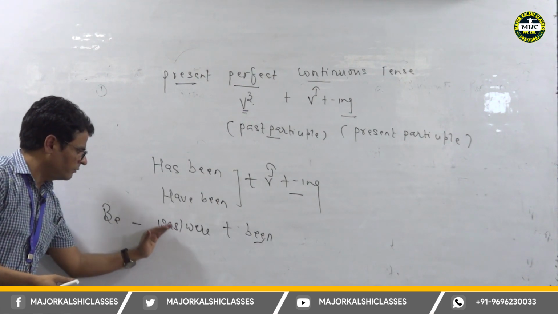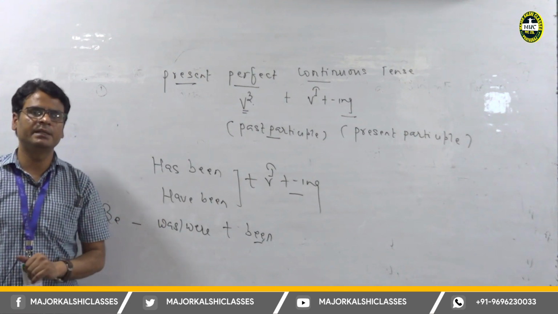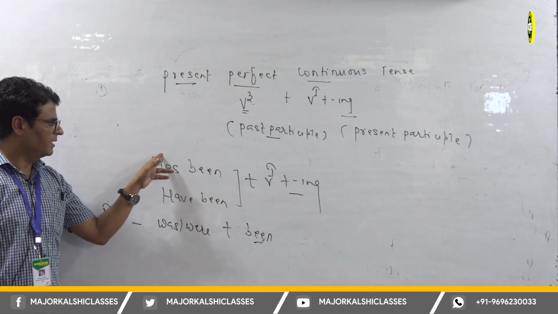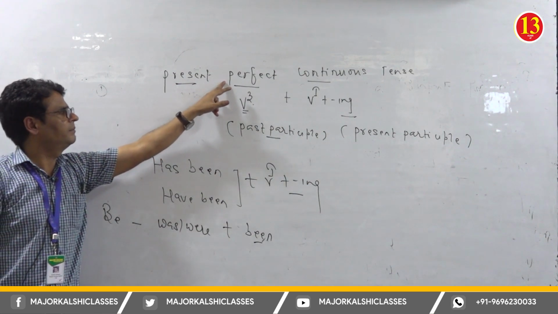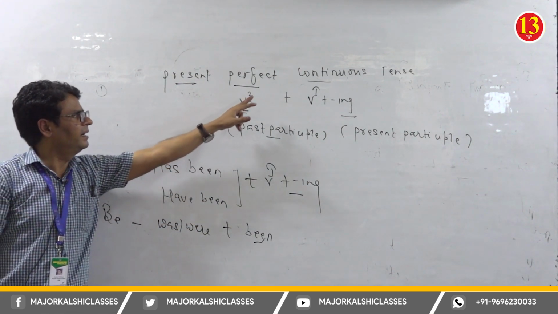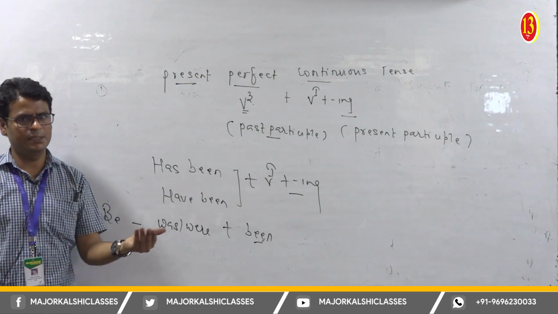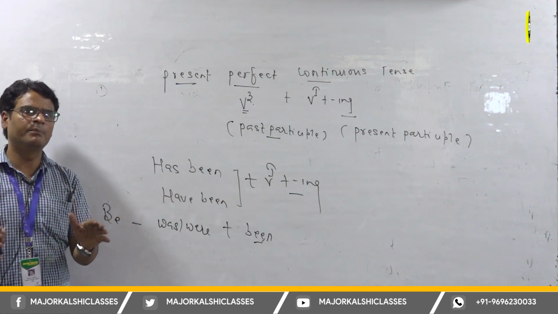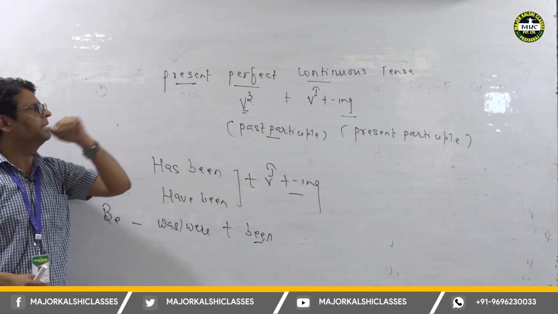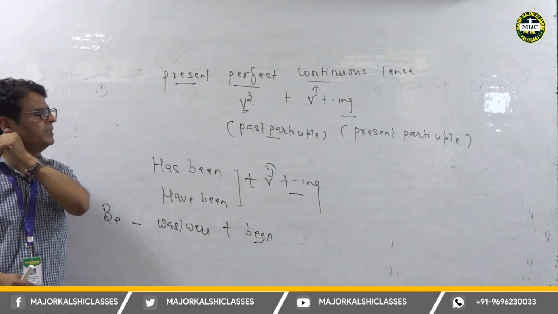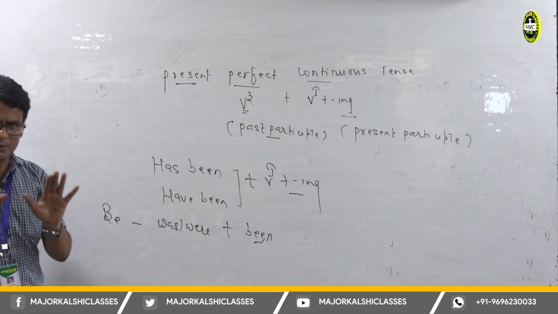So, has, have refer to present, and perfect means been, and continuous means ing form. It is possible now: has been, have been plus first form plus ing. That's why the heading name is given present perfect continuous tense. Okay, now it is possible.